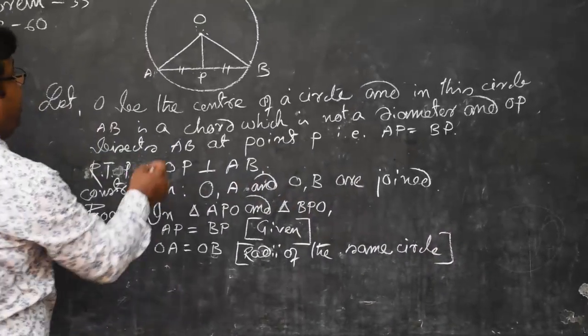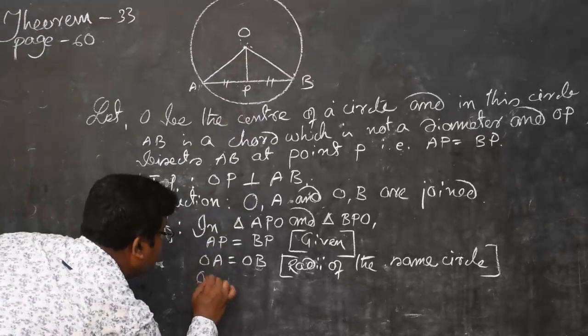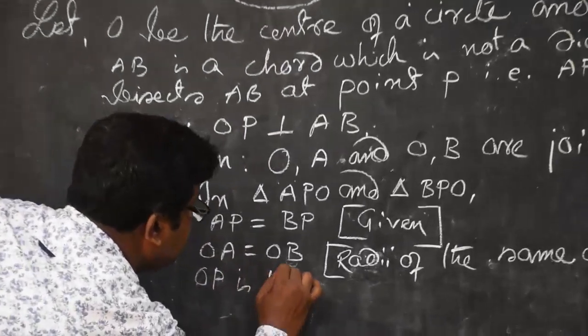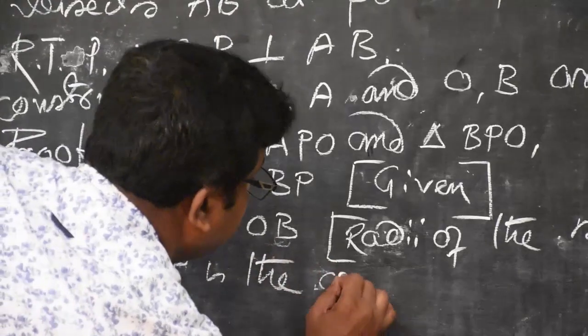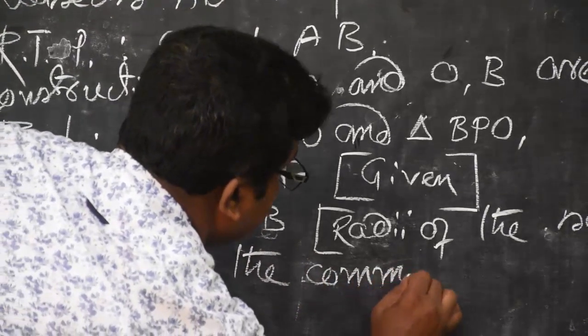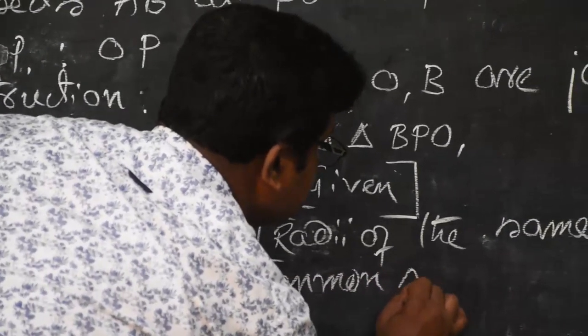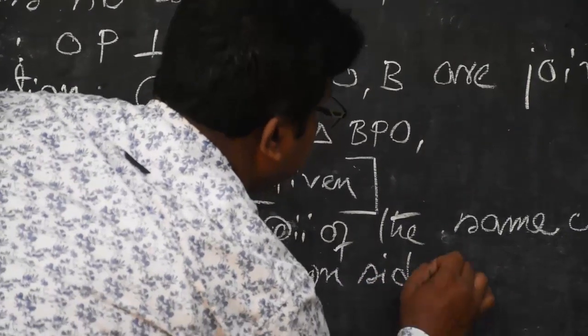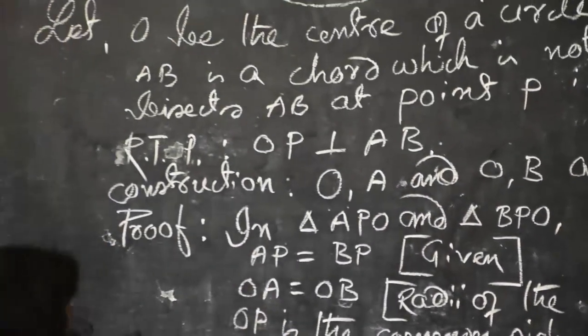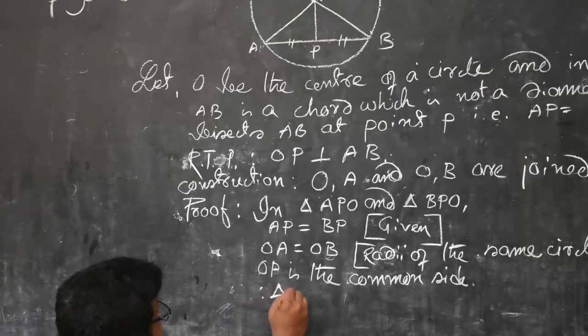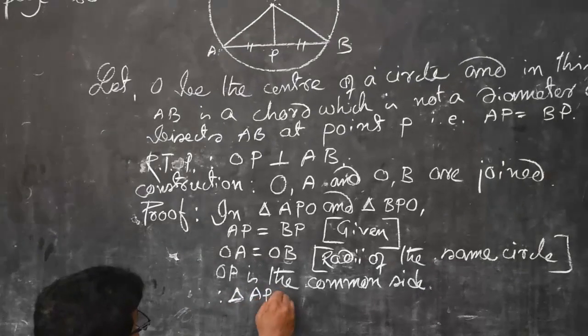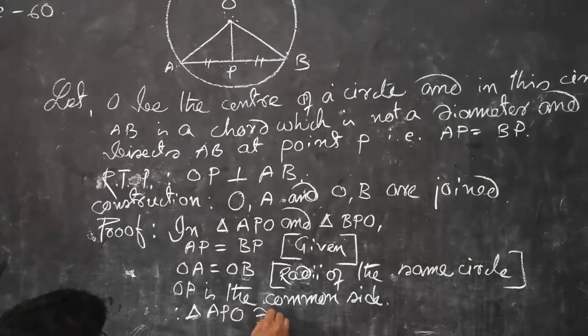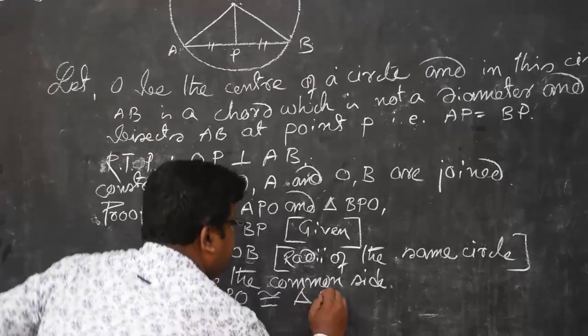And OP is the common side. Therefore the triangles are congruent. Therefore triangle APO congruent to triangle BPO.